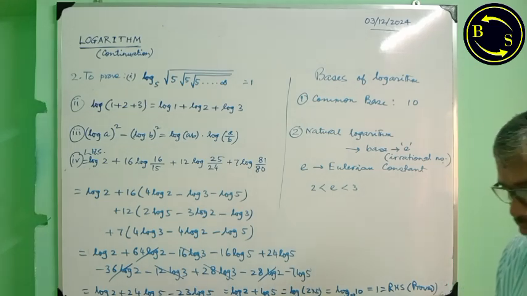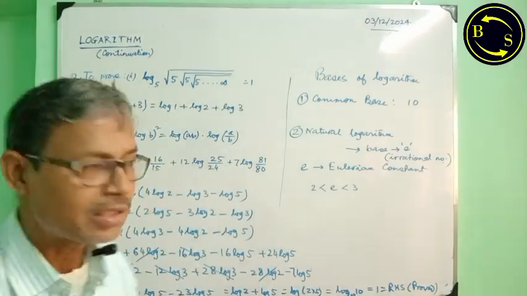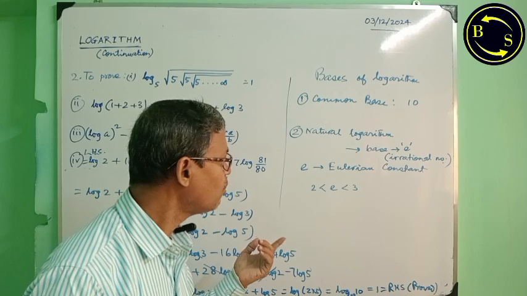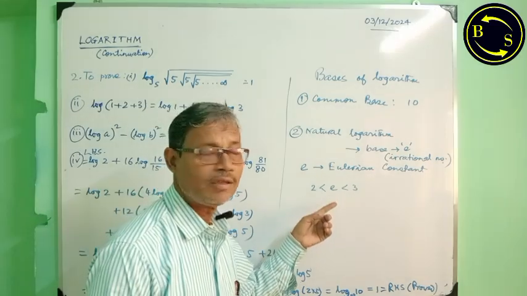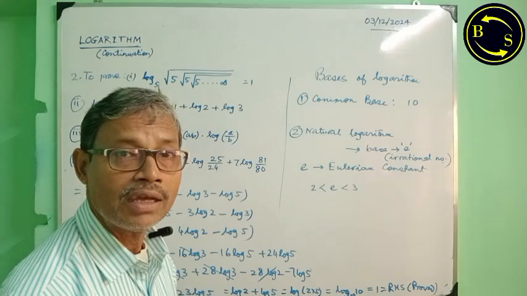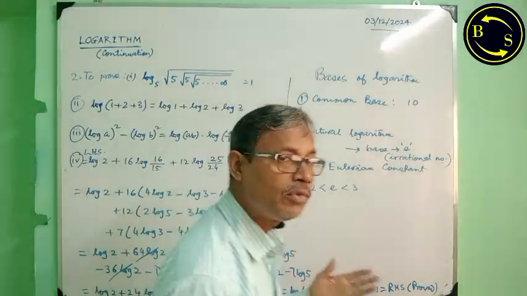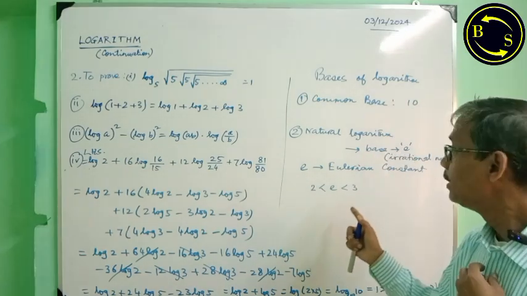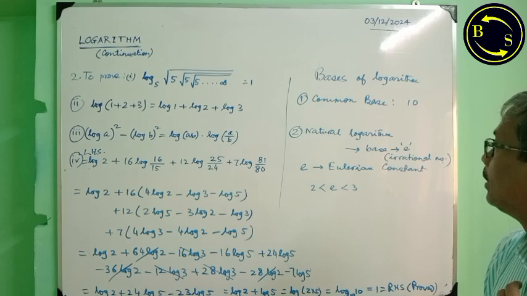Actually, all formulae or results in calculus have been formed with the help of the base e. In case of logarithm used in calculus, base will be e. This is called natural logarithm.